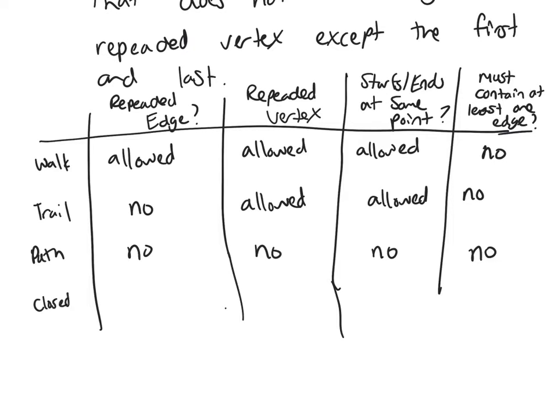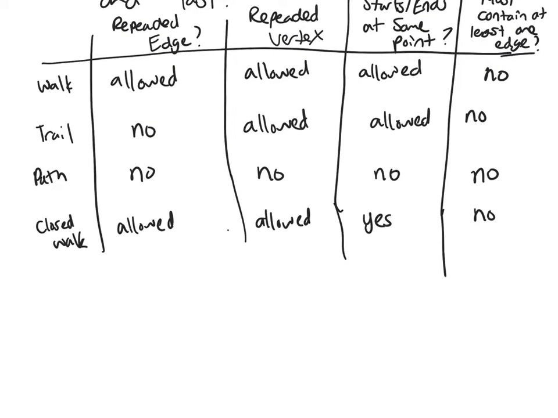So a closed walk was next. A closed walk was allowed to have a repeated edge, allowed to have a repeated vertex. It had to begin and end at the same spot, and it didn't have to contain at least one edge. And then the final two were, I'll just do them together, a circuit and a simple circuit. They were not allowed to have repeated edges.